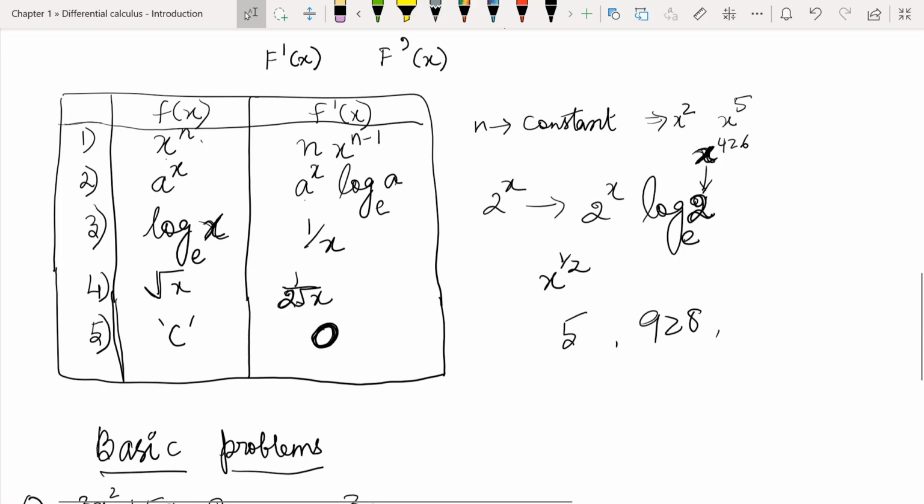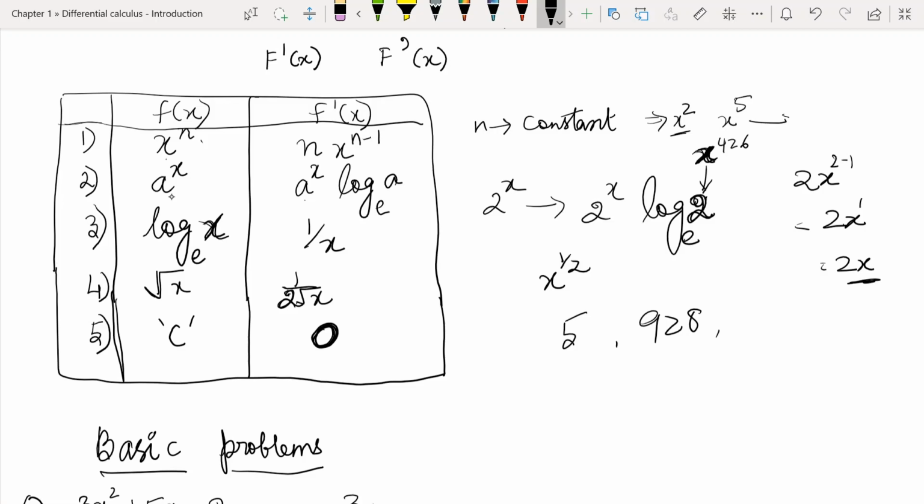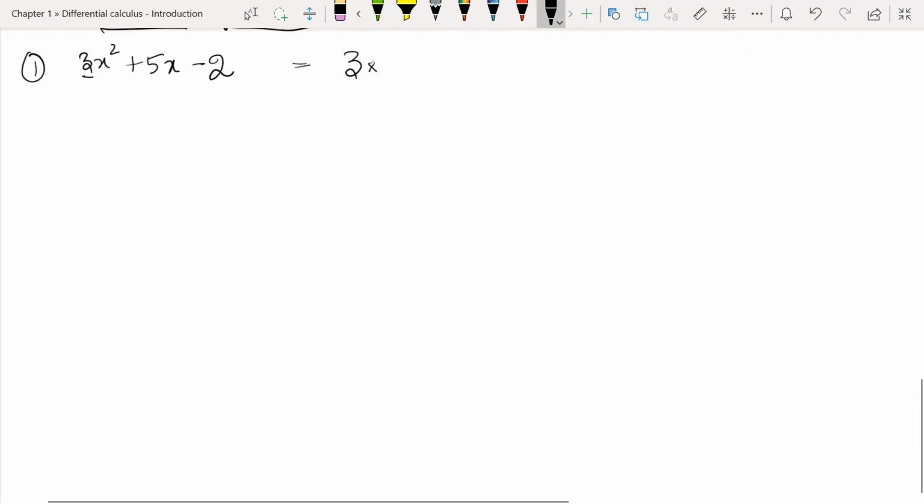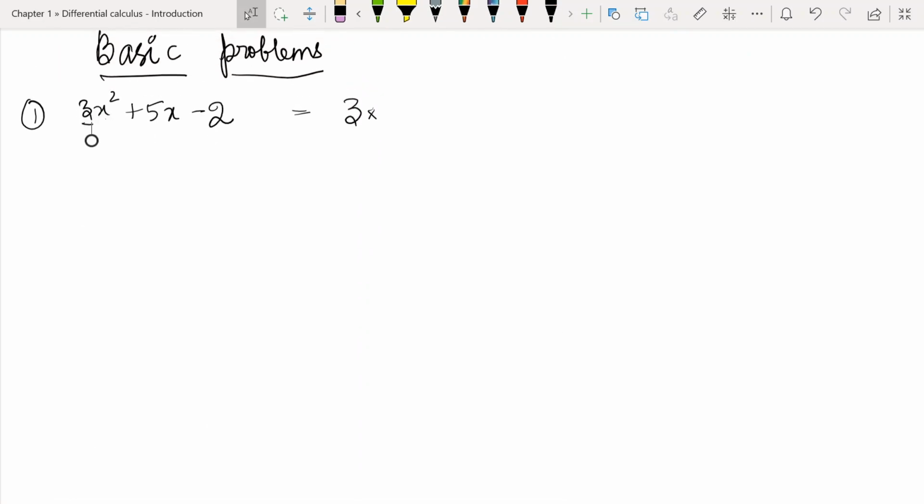So if I'm differentiating x square, put the 2 here, then write your x power 2 minus 1. So it's nothing but 2x power 1, or rather 2x. So the differential of x square is nothing but 2x. Similarly, if I'm differentiating x power 5, it will be 5 into x power 5 minus 1, which is 4. Easy enough?